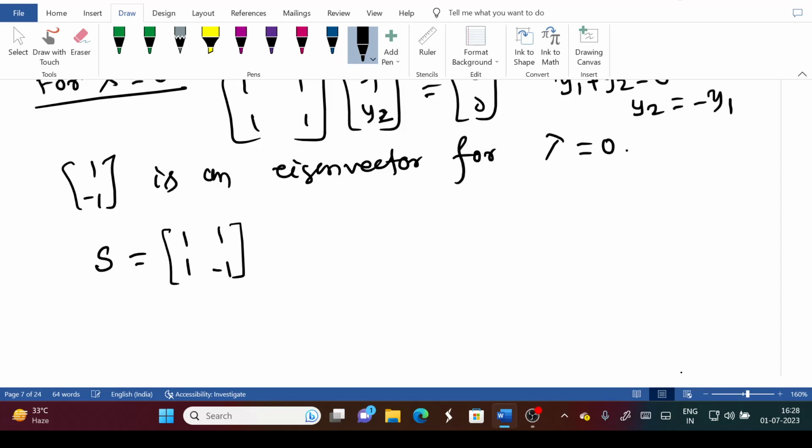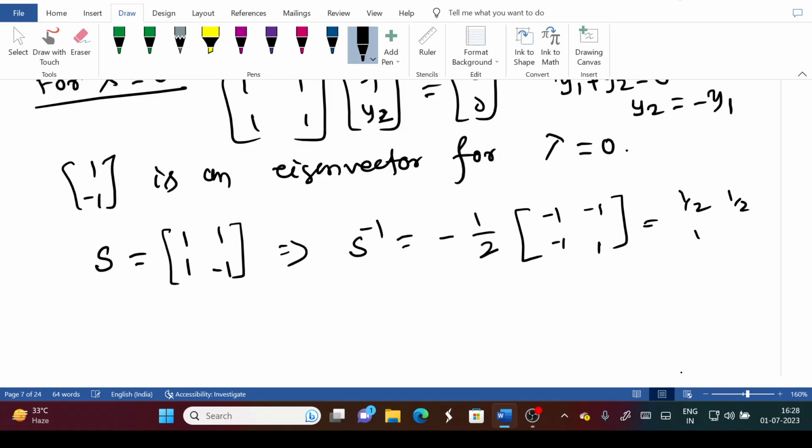It is a symmetric matrix and its inverse can be comfortably obtained. What about S inverse? We know the determinant is minus 2. So minus 1 by 2, the elements are interchanged and these are made negative. So that is [1/2, 1/2; 1/2, -1/2]. This is my S inverse.